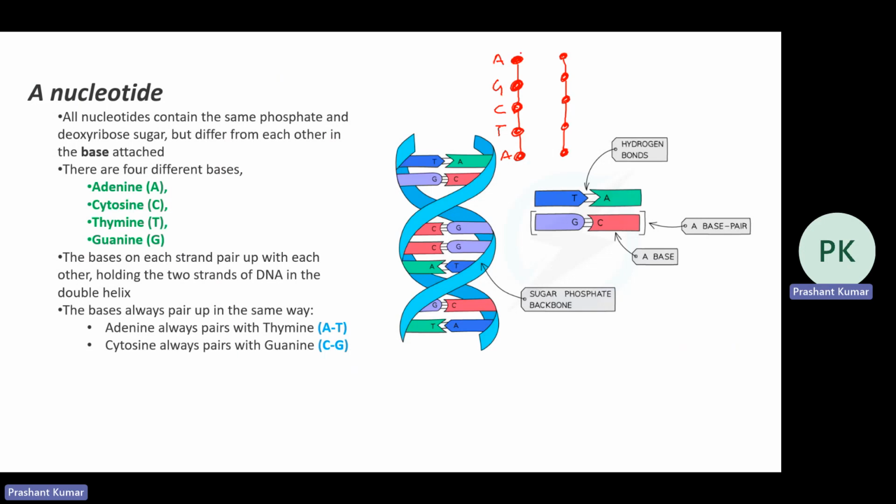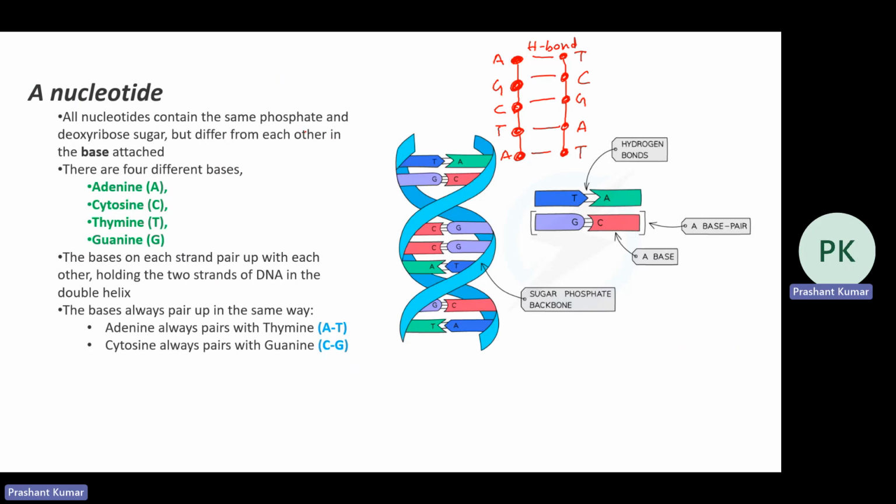So one chain combines with another chain by hydrogen bond. I'm just writing H bond. And the hydrogen bond is formed between the bases. So A binds with T, G binds with C, C binds with G, T binds with A, by hydrogen bond. There is a bonding between the strands.